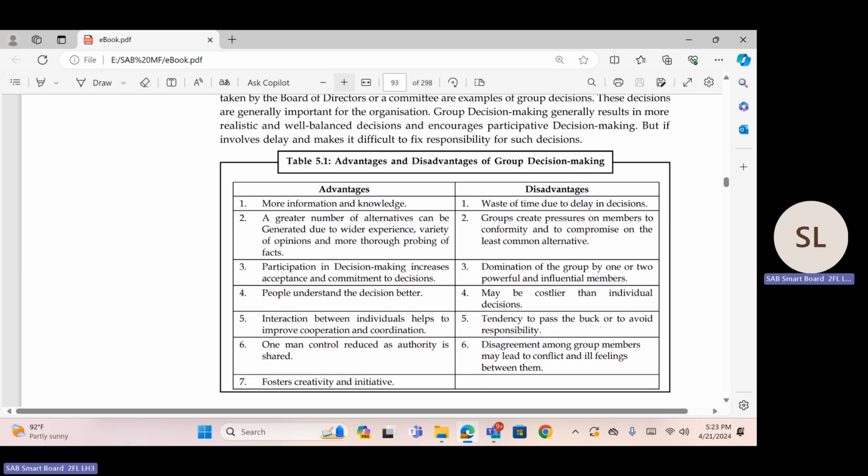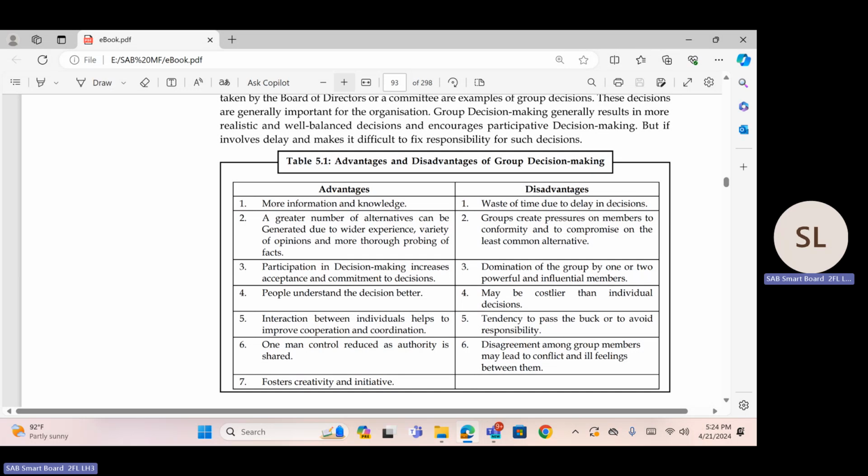Number 6 is an advantage: one man control is reduced and authority is shared. But in individual decision making, one man control, a one man show, is there. But as mentioned above, there can be conflict and disagreements.